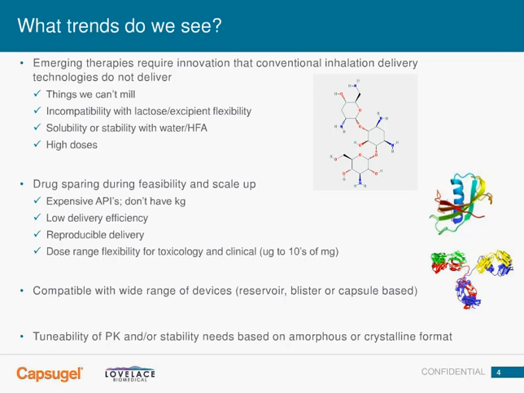A lot of these are new compounds, NCEs that aren't always compatible with traditional delivery techniques, things that don't mill well, maybe things that are amorphous, with stability or solubility issues in water or HFA-based carriers, and certainly with the NCEs, the need to have drug-sparing capabilities for feasibility and scale-up. So, working with milligram-type quantities early on, coupled with low delivery efficiency, especially in toxicology studies, which Phil will go into a little bit later.